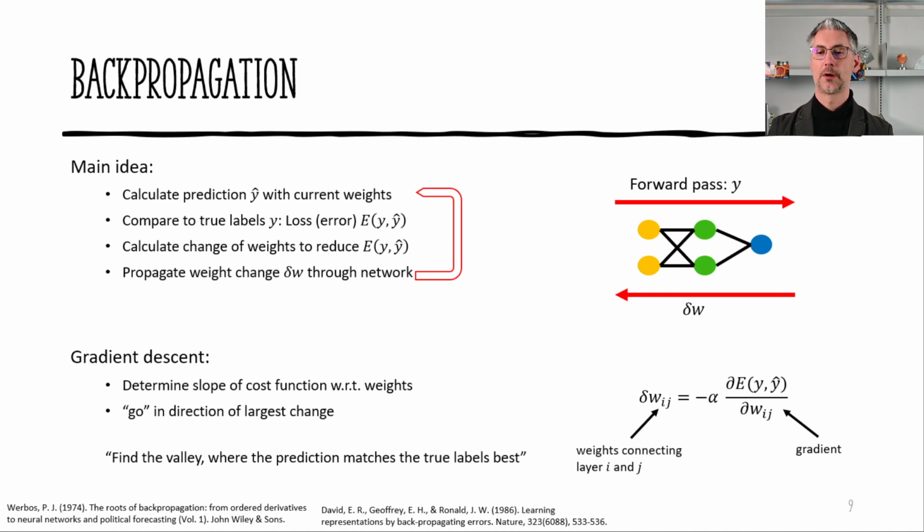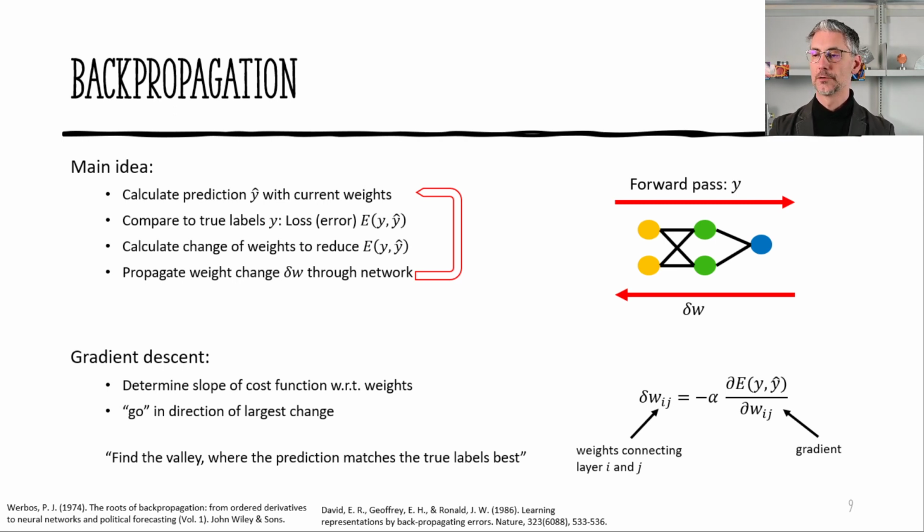And now we need to somehow calculate a change of weights to reduce this loss function. And once we've calculated this change in weights, we need to update and propagate this change throughout our network. And this is an iterative process, so we repeat the whole idea over and over again.